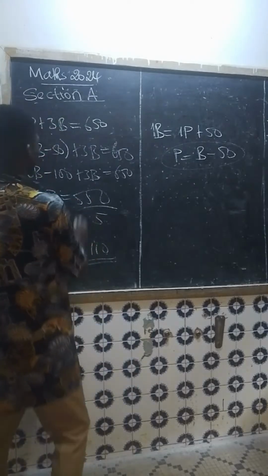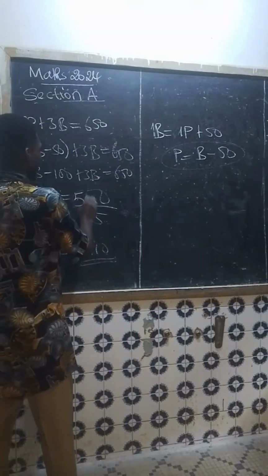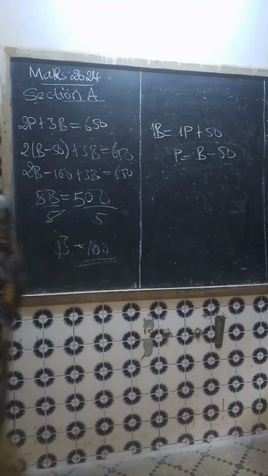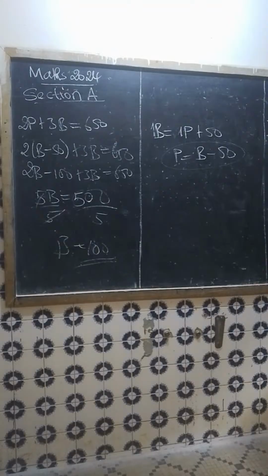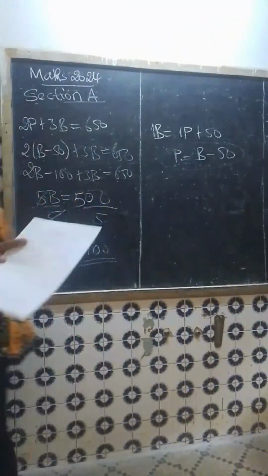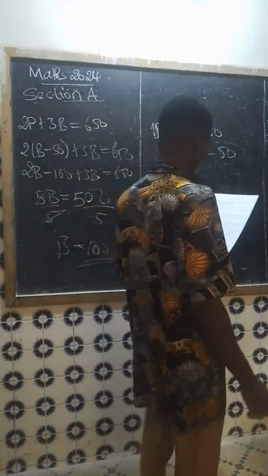It's 500. 500 over 5, the answer is 100. One book is 100.